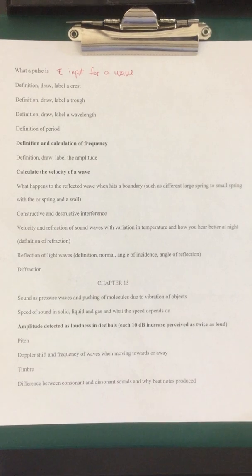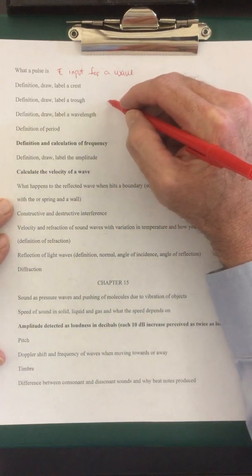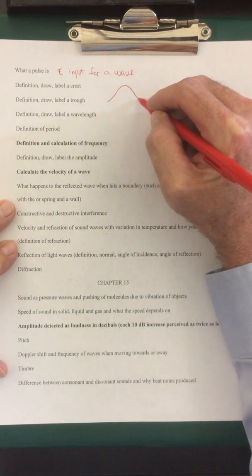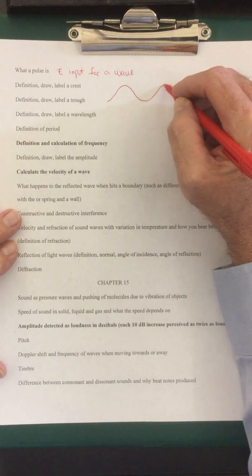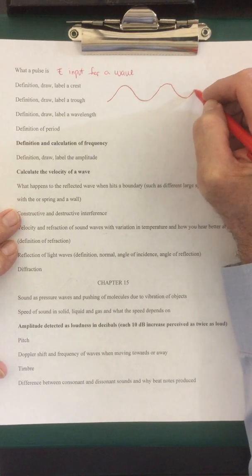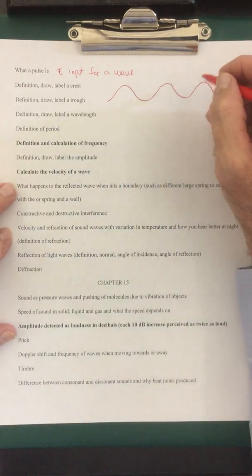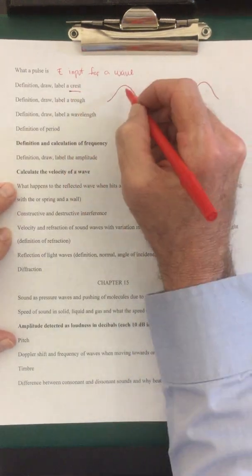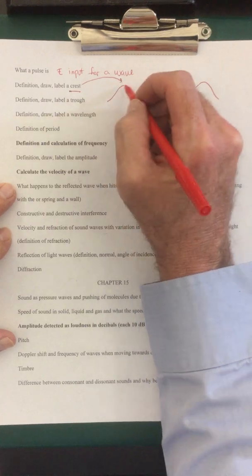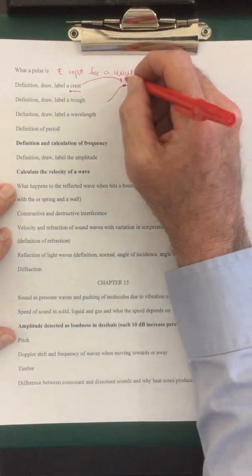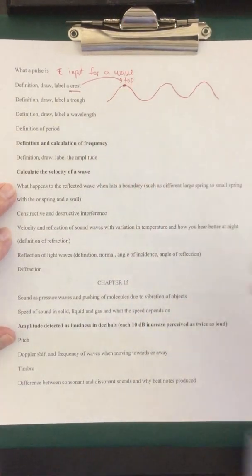Definition: draw and label a crest and a trough. So if we can do a couple of waves like this, do your best. Okay, the crest is going to be the top of the wave.